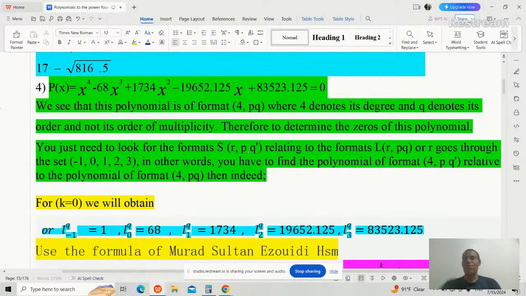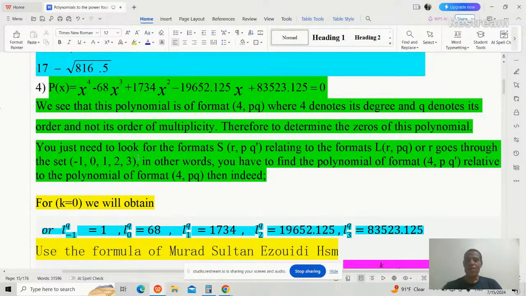Therefore, learners, we should determine the coefficient of the new polynomial that we get from the original one. It's called the coefficient form SRPQ dash, and we label it as sk minus 1 of order R, relative to the form LRPQ, where R goes through the set of numbers from minus 1 up to 3.